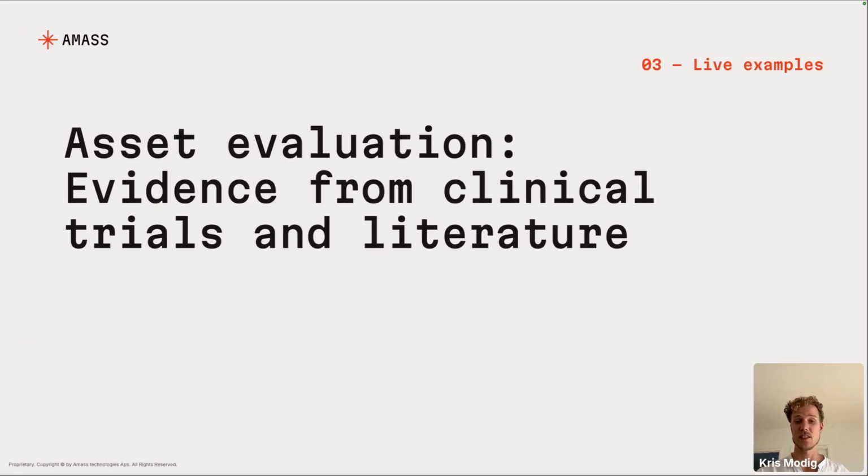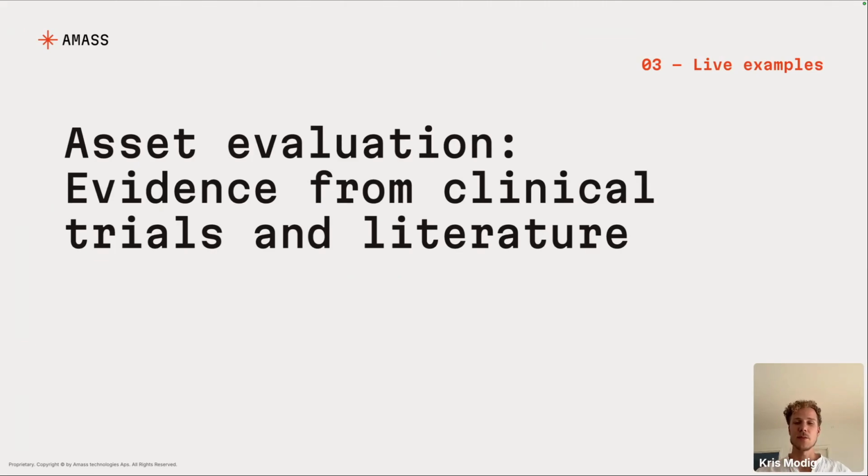What does the IP landscape look like? So looking at the competitive landscape and patents. And then, of course, combining all these factors: how differentiated the asset is, what the strength of evidence is, what the competitive risk is. And of course, you want to be able to trace everything back to the right PMIDs, NCT numbers, patent numbers, and so on.